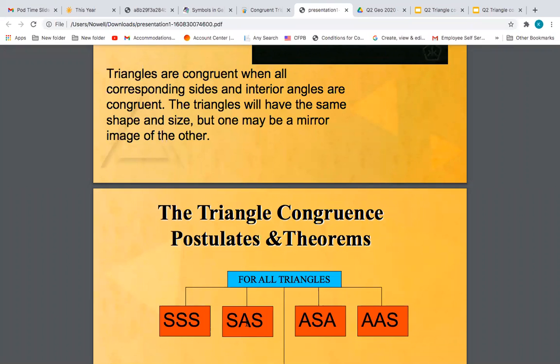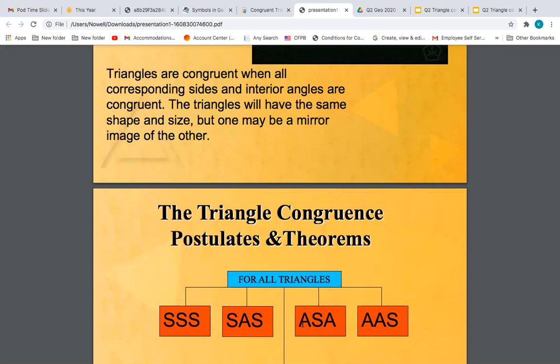We don't need to worry about the third side and the other two angles.